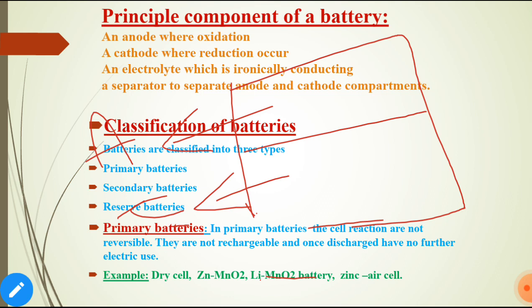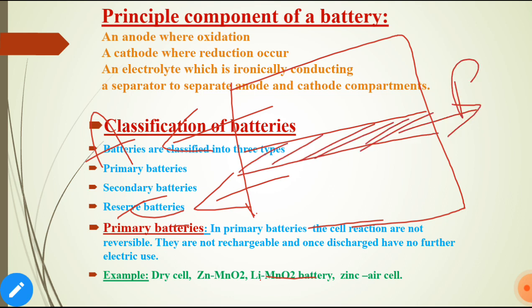In between them there is a separator, such as polypropylene, which separates the anode and the cathode. After that we take the electrolyte solution. These are the principal components of batteries.